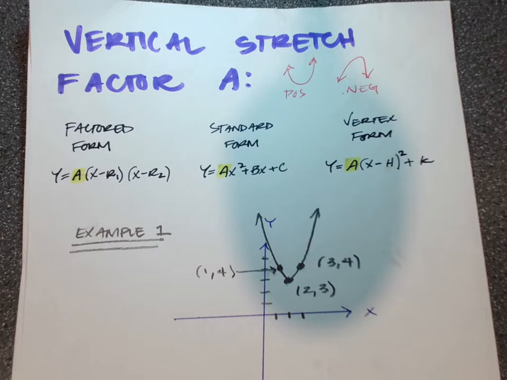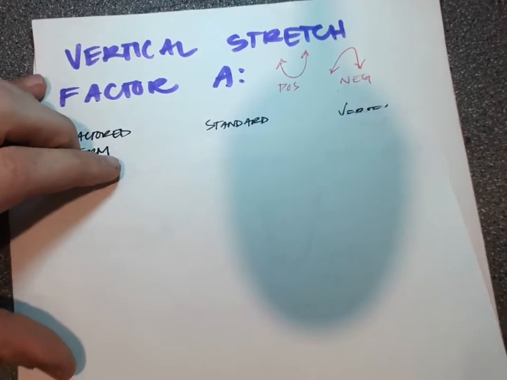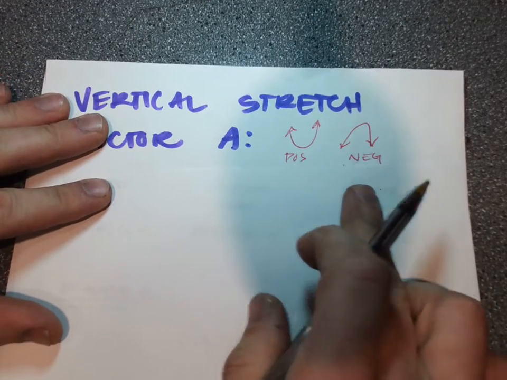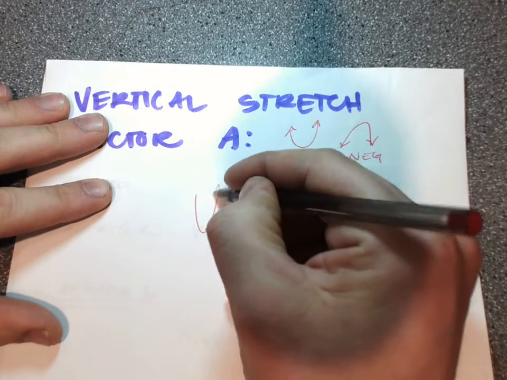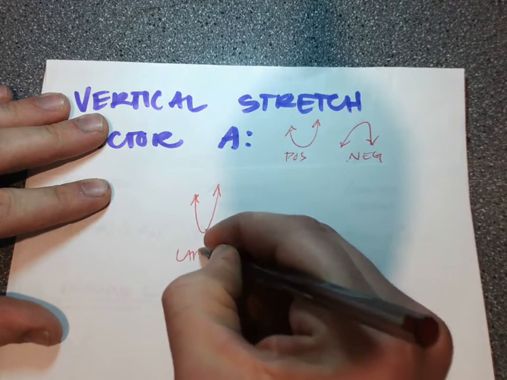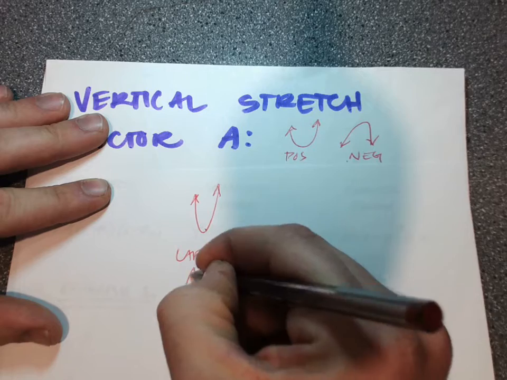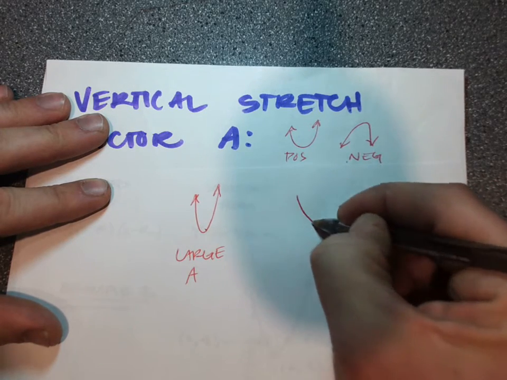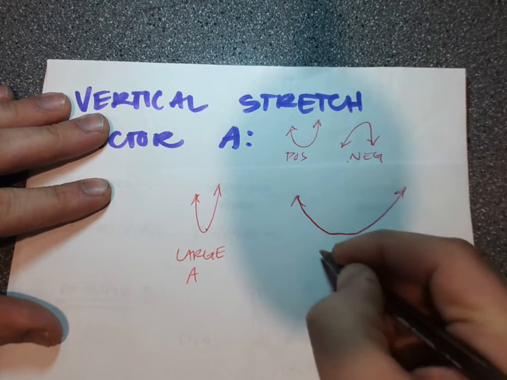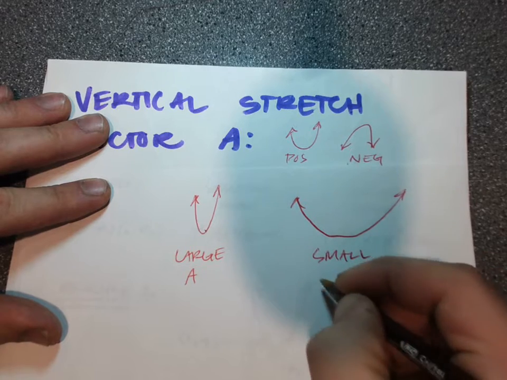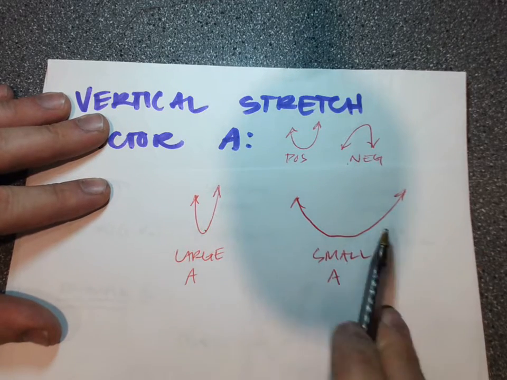Okay, so the first way we can determine this is just by referencing the graph. If we compare here, large A values have this effect, and then small A values, meaning decimals, have this effect.